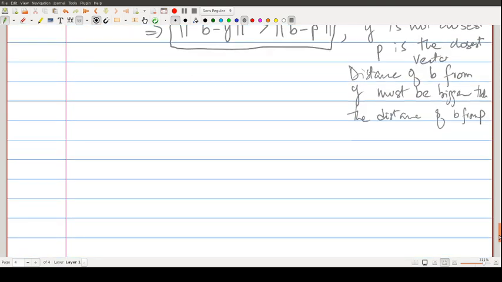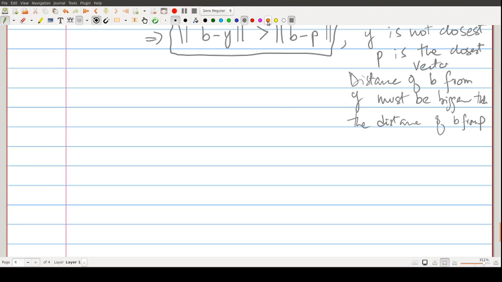For the other direction, I'm going to use a proof by contrapositive. The other direction tells me that if p is closest, then b minus p is in the orthogonal complement. To prove by contrapositive, here's what I'm going to do.